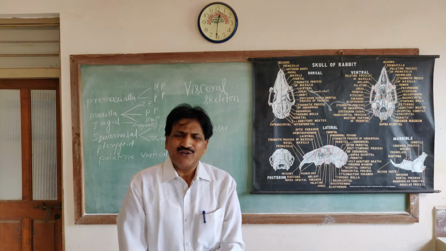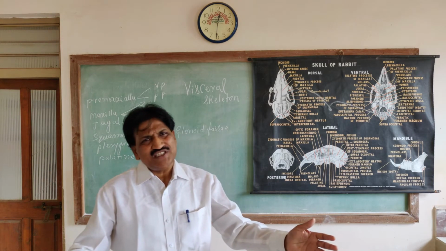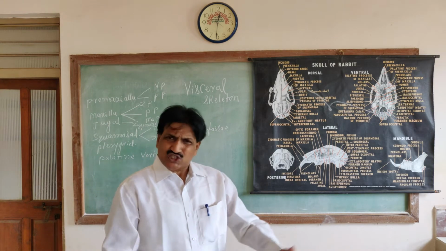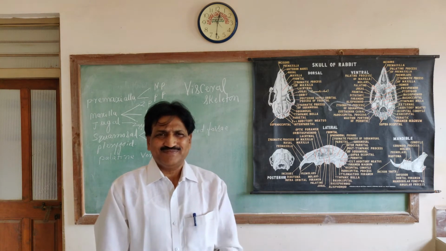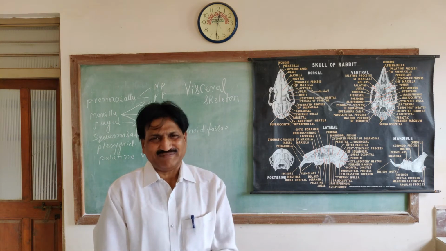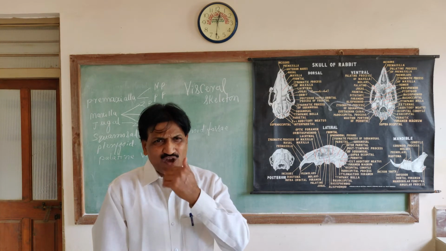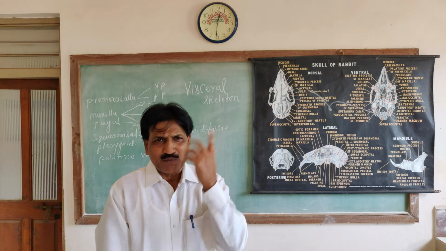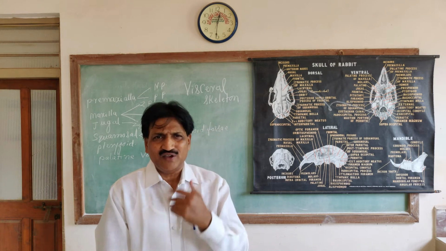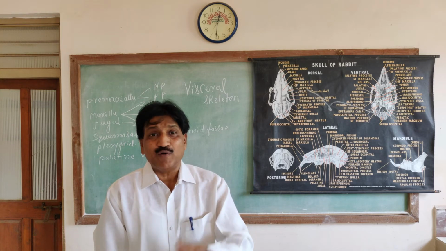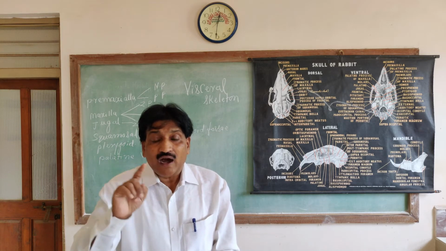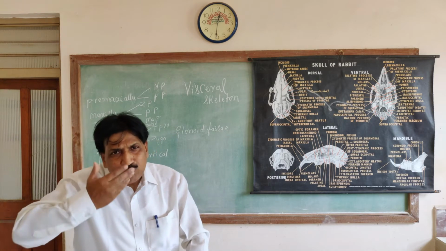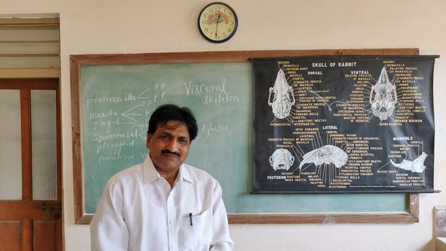What do you call visceral skeleton? Sir, what is the meaning of visceral? Visceral means the soft organs that are present in the oral cavity. These soft organs are supported and protected by the bones, that is, the upper jaw and lower jaw, and also the hyoid apparatus that supports the tongue.